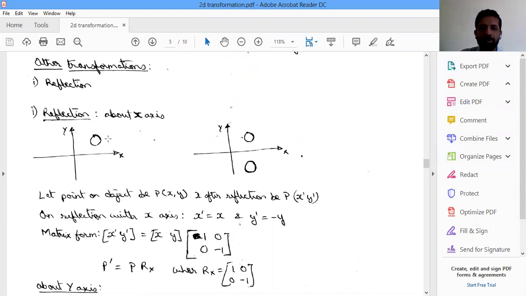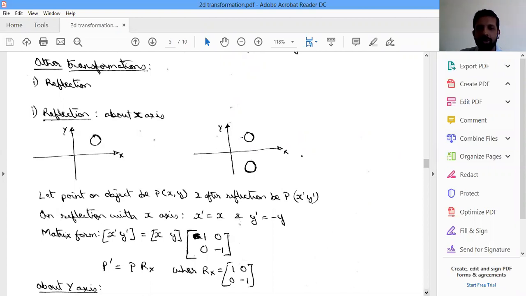If we take first quadrant, second quadrant, third quadrant, and fourth quadrant, this object has to be copied only onto the fourth quadrant, the other side of the x-axis, at the same exact distance from x and y. So it has to be placed exactly like this when we reflect about the x-axis.